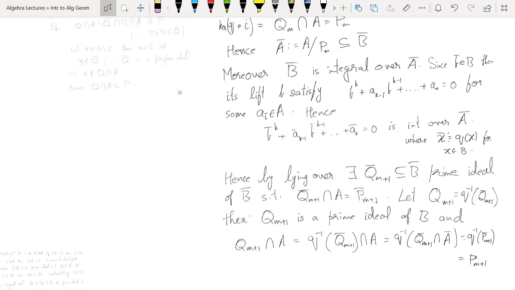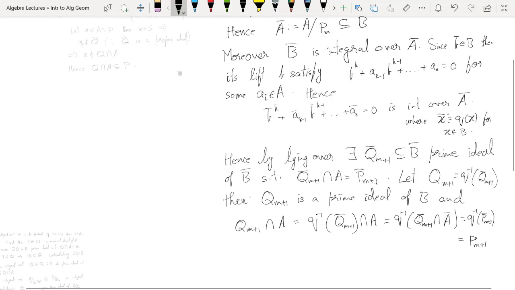Here is the justification. If B bar is in B bar, then its lift B will satisfy some equation with coefficients in A, and hence B bar will satisfy this equation with coefficients in A bar. That's why B bar is integral over A bar.